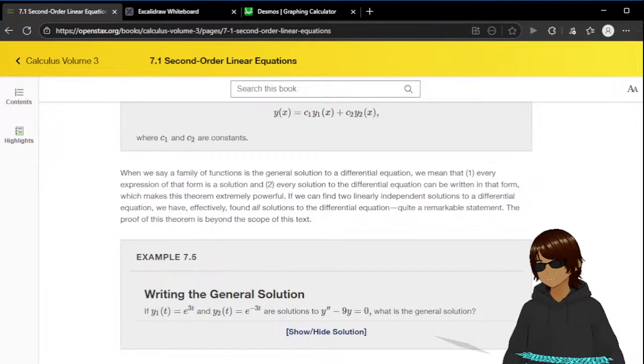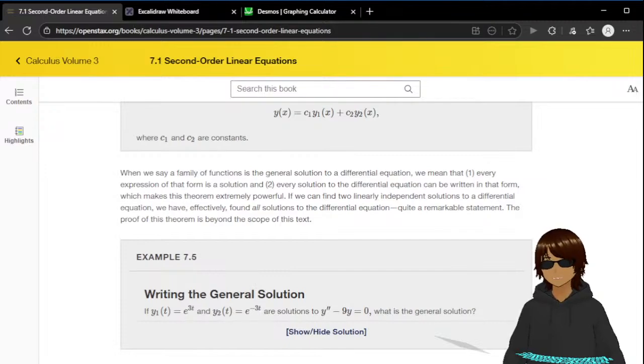If we can find two linearly independent solutions to a differential equation, we have effectively found all solutions to the differential equation. Quite a remarkable statement. Proof of this theorem is beyond the scope of this text.